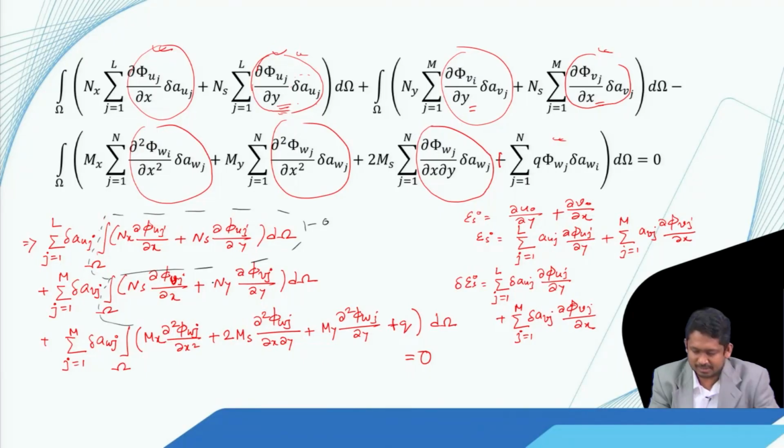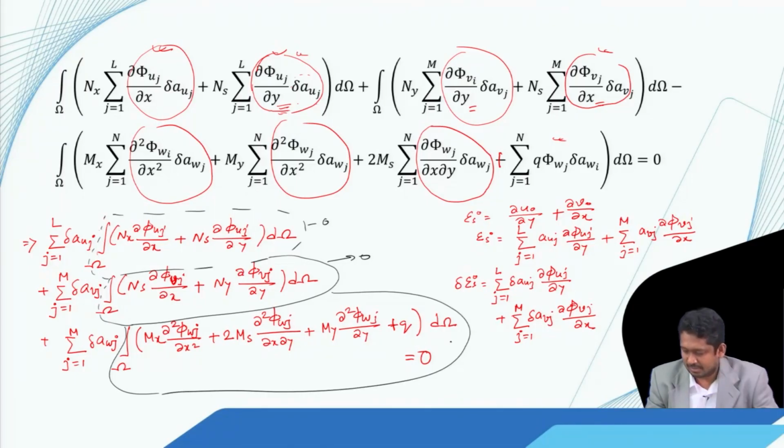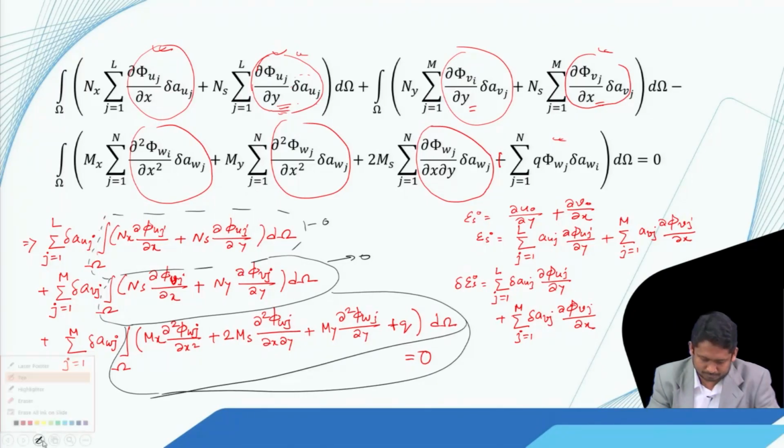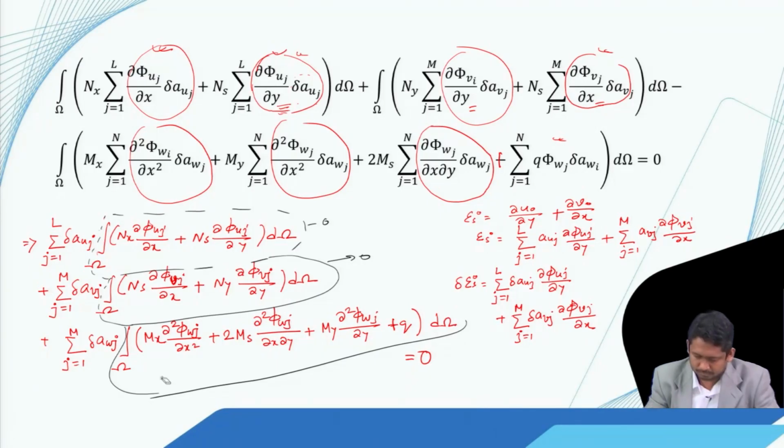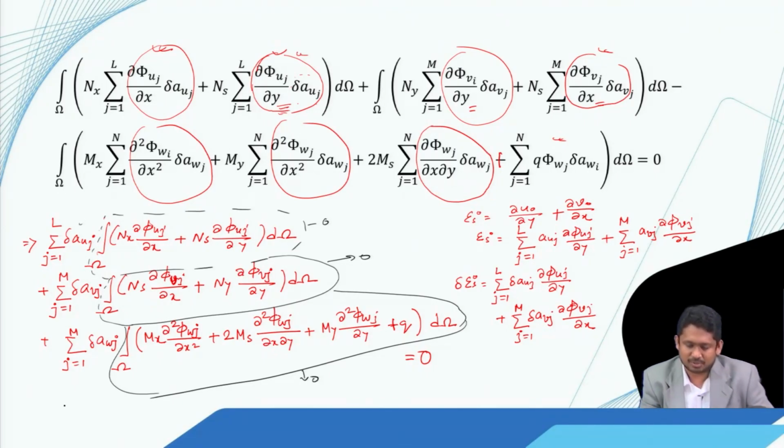Similarly, separately this term should be 0 and separately this term should be 0, because all these variations are independent and arbitrary. Unless all these terms separately are 0, we cannot always satisfy the condition that the summation is 0.